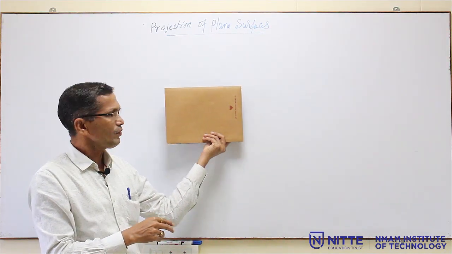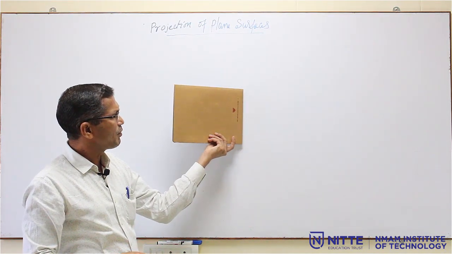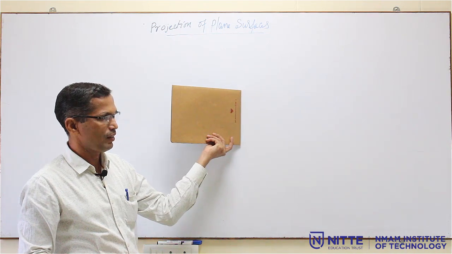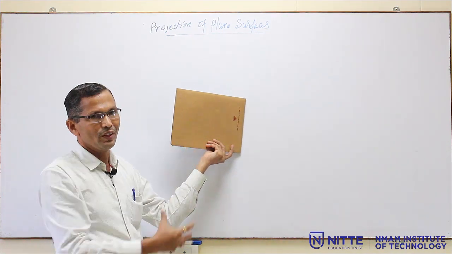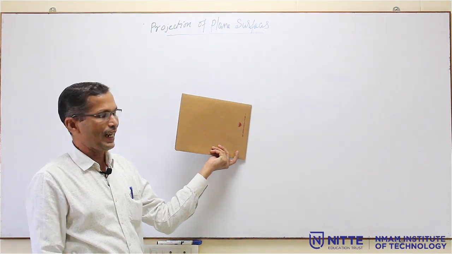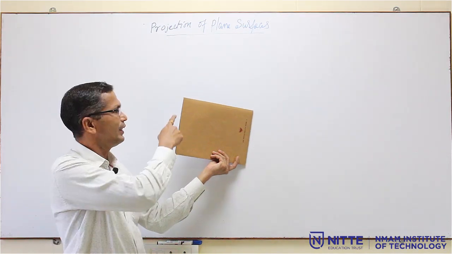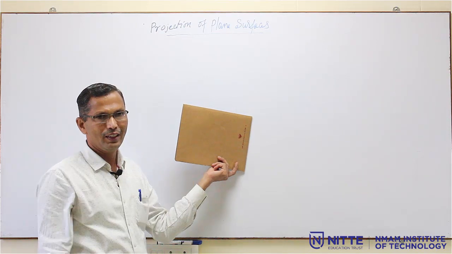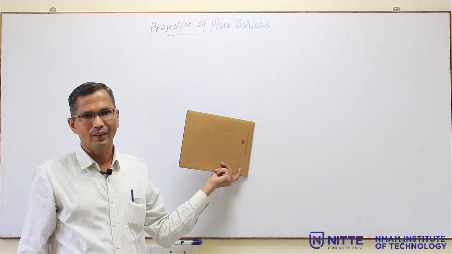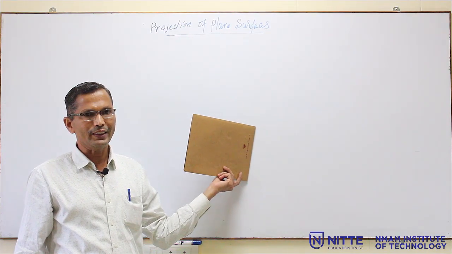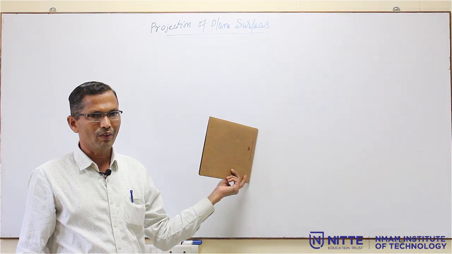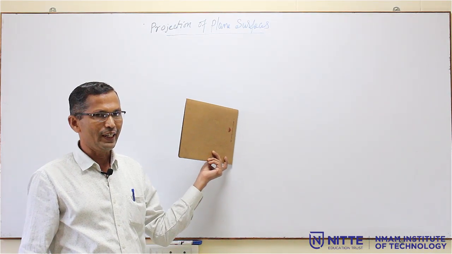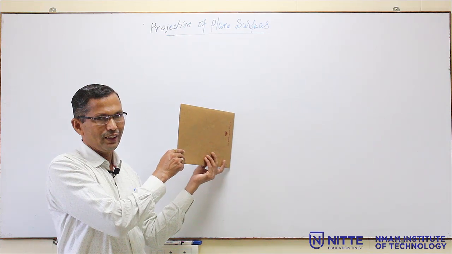Now, if I give some inclination with respect to VP, the front view will be a rectangle, but what is the size of that? It is 50 into, not 100, it will be compressed. It will be 50 into 90. Now, further I will increase the inclination. What is the front view now? It is 50 into 60.